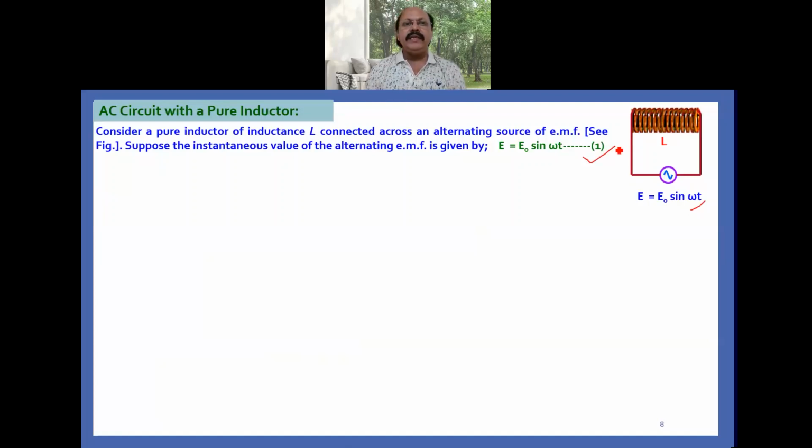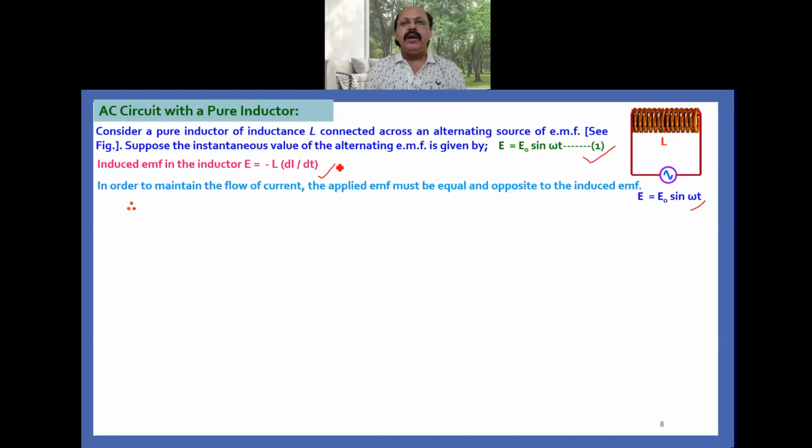Now as you know, when current passes through the inductor of inductance L, an EMF is induced, and that induced EMF is equal to minus L di upon dt. In order to maintain the flow of current, the applied EMF must be equal and opposite to the induced EMF.